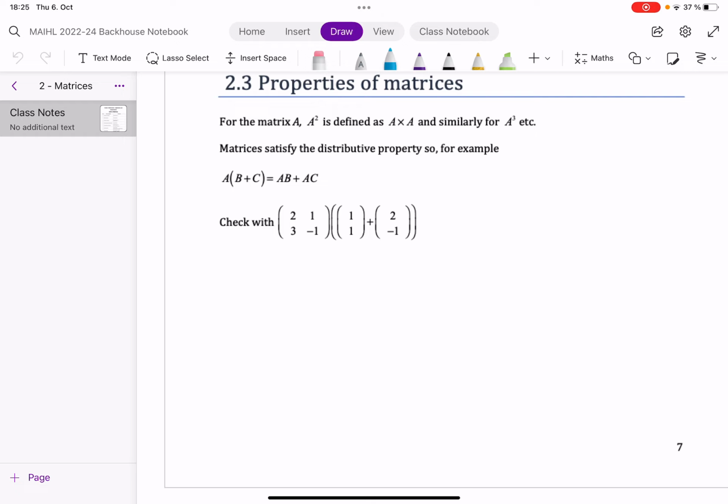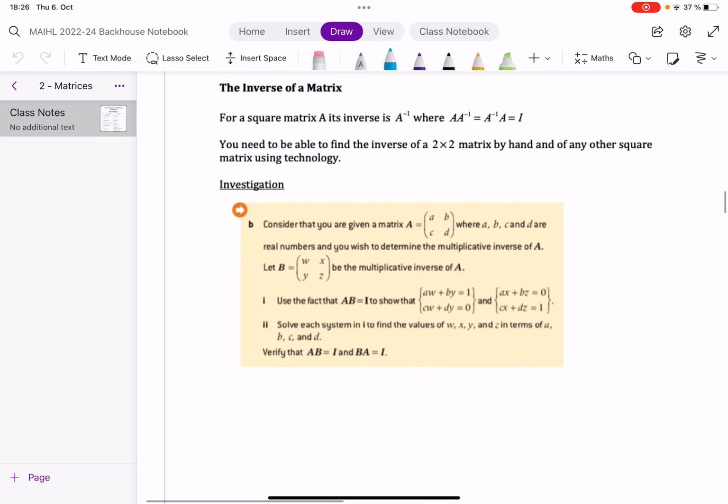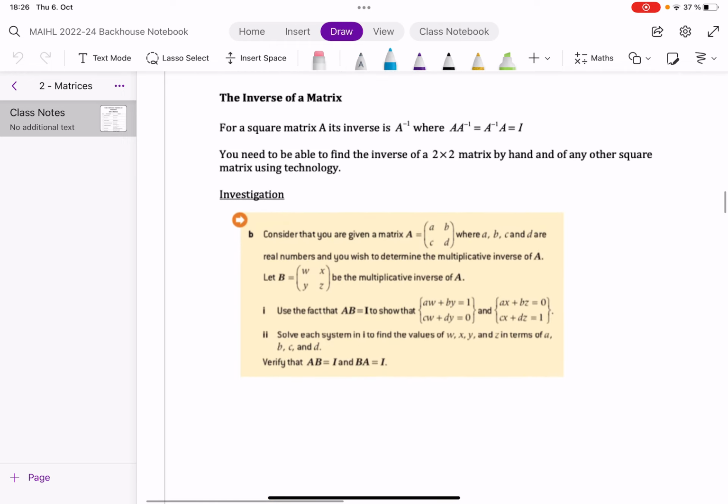You can do it once by distributing and then adding the results, and you can do it by adding first and then distributing, then multiplying. Okay, so I'll leave you to do that. I will fill in the notes so you can check those if you like.